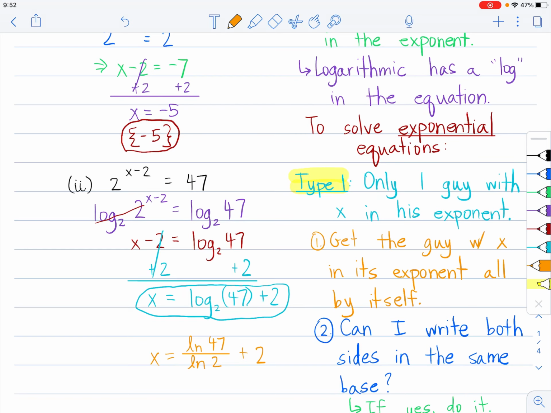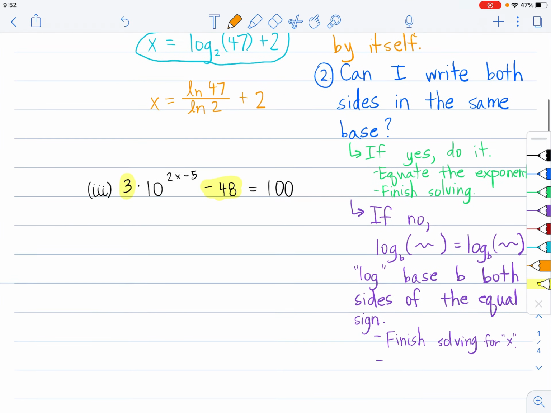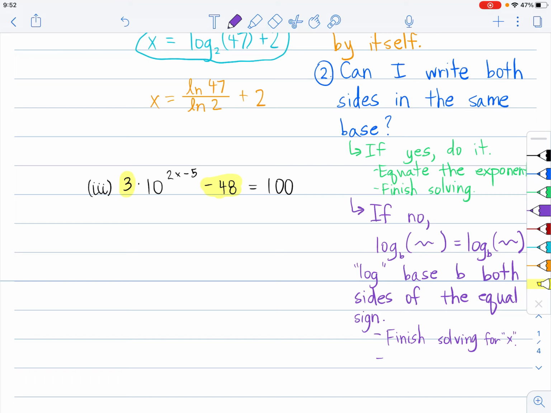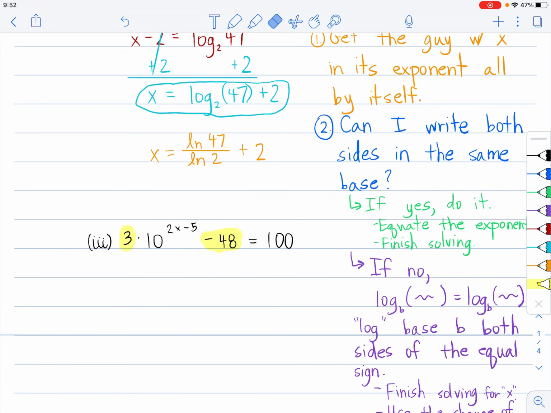This is what you will be typing in your calculator. So finish solving for x. Use the change of base formula.